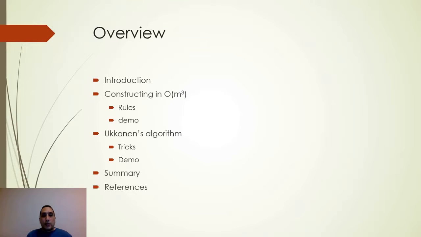Then we'll talk about Ukkonen's algorithm, show some of the tricks it uses, and demo some examples. At the end of the presentation, we'll summarize everything we have shown today.